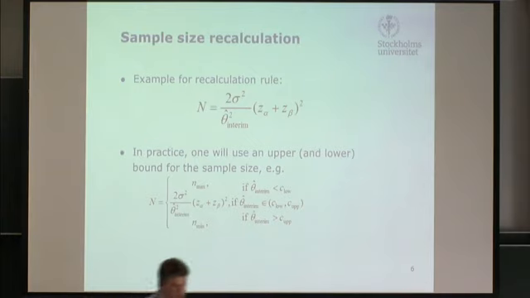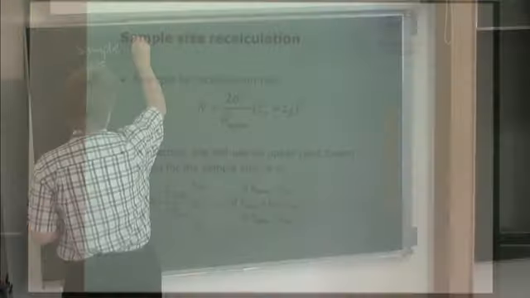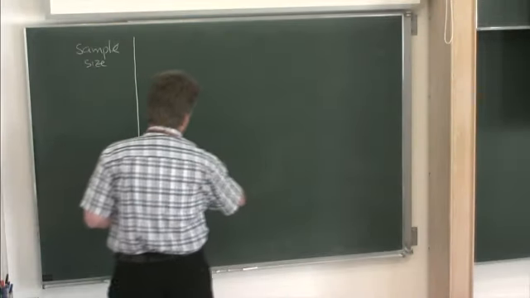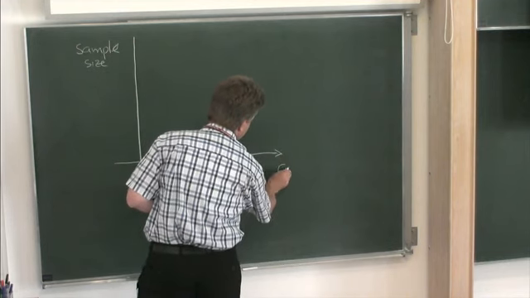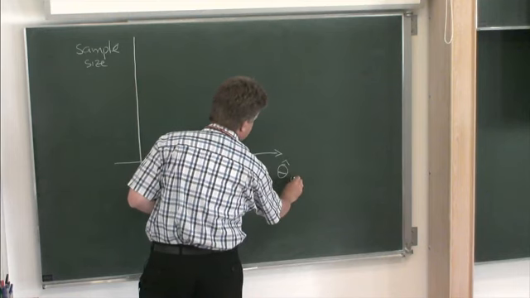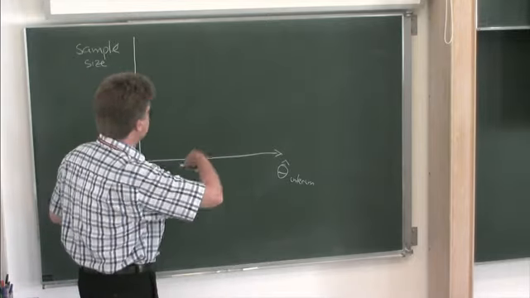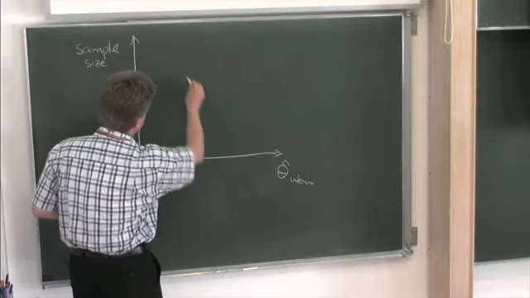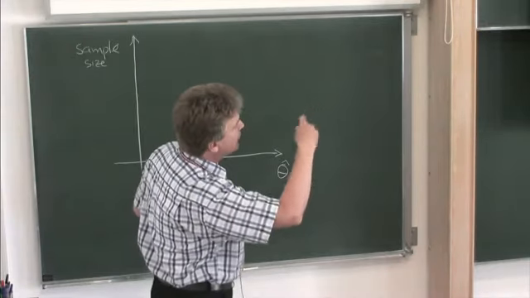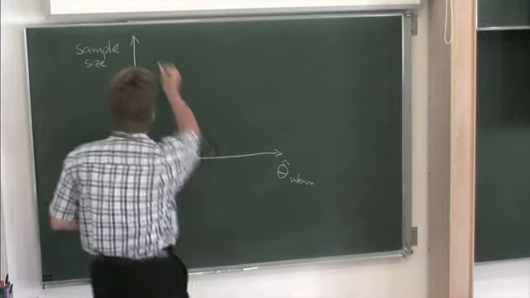So if I use the blackboard here, if we draw the sample size dependent on the estimate of theta in the interim, then this formula means that we have 1 over the estimate squared.